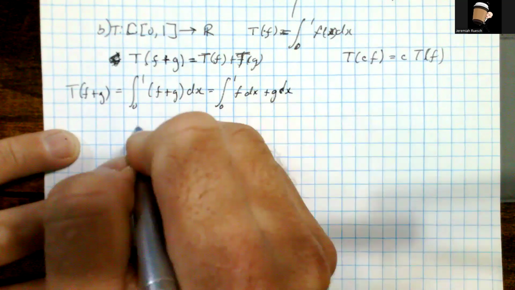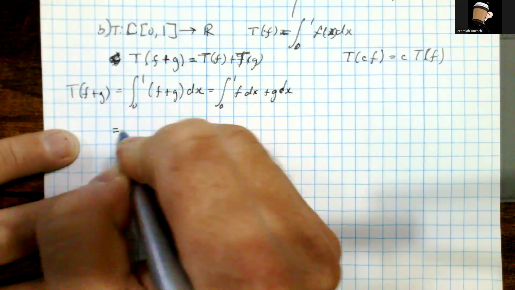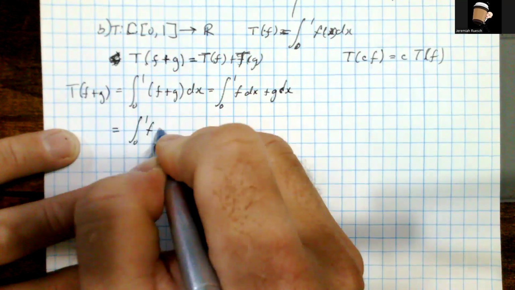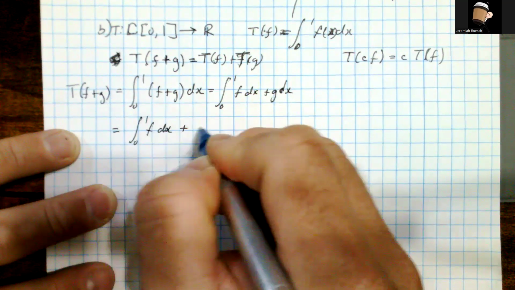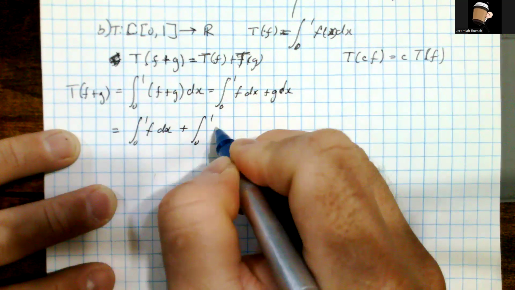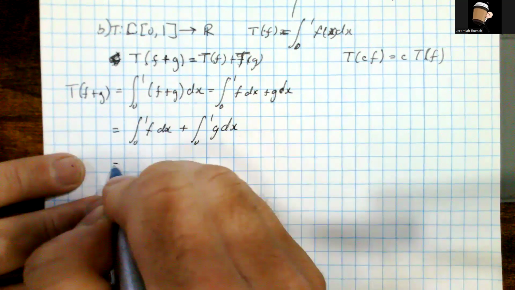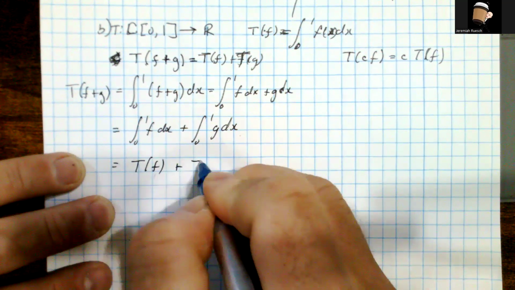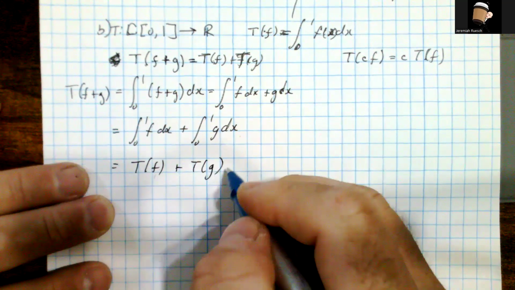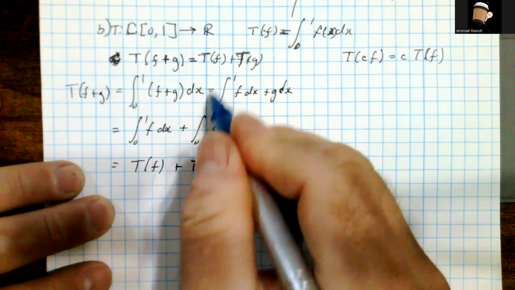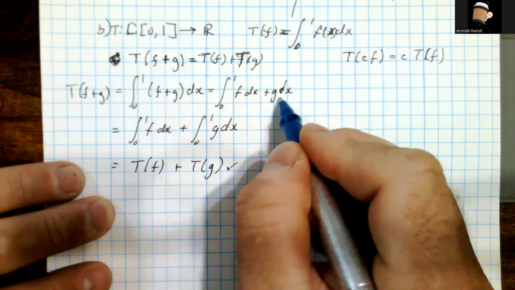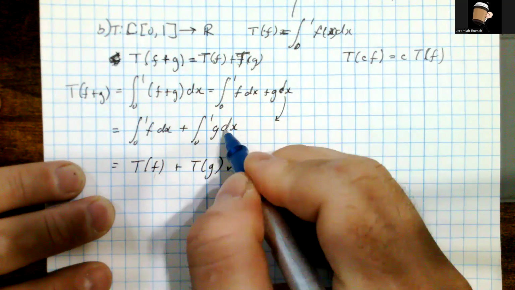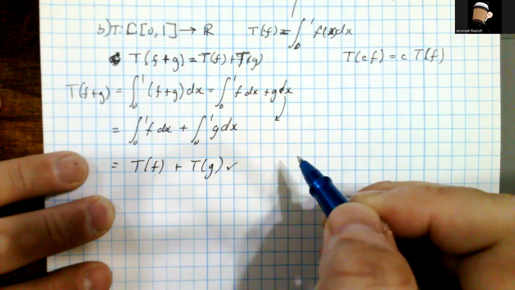And then finally, using the linearity of the integrals, we have the integral from 0 to 1 of f dx plus the integral from 0 to 1 of g dx, which is the transformation of f plus the transformation of g, exactly what we wanted to show. Going from here to here, this property is based on the linearity of the integral.